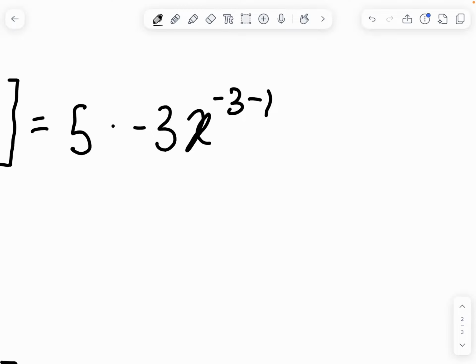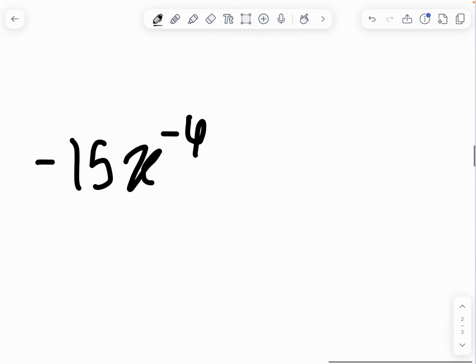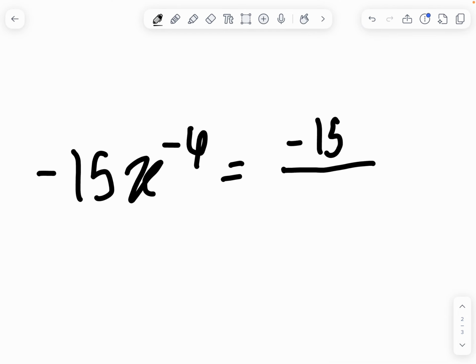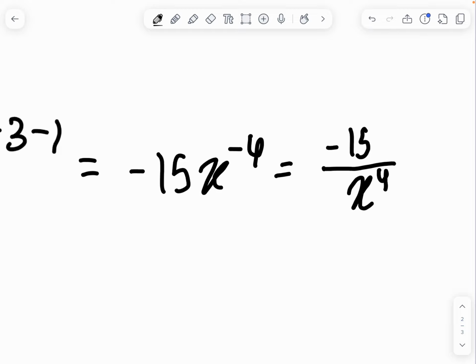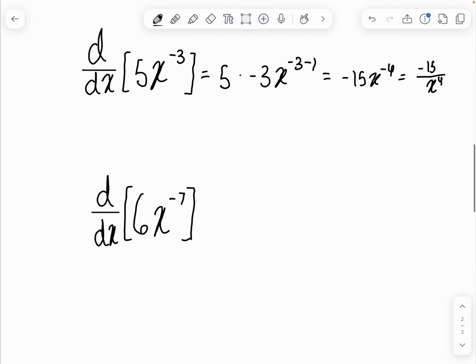Just making sure. Okay, this is negative 15x to the power of negative 4, which ends up equaling negative 15 over x to the power of 4.